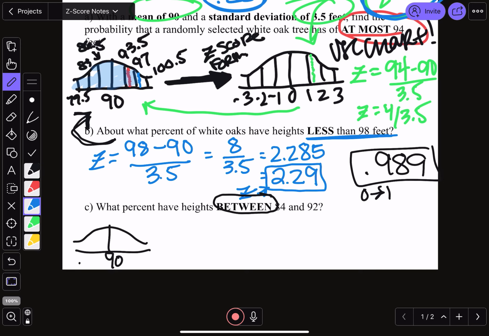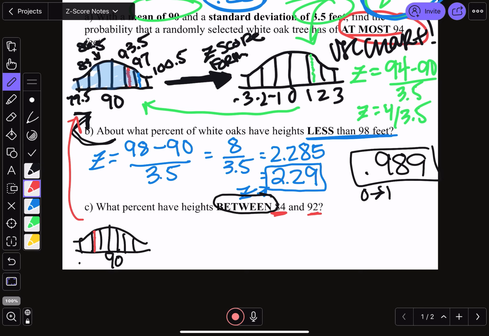So 84, let's draw my 1, 2, 3, 1, 2, 3. I'm looking for a z-score between 84 and 92. So 84, if you refer back up to here, 84 is a little bit more than the second deviation, which is 83.